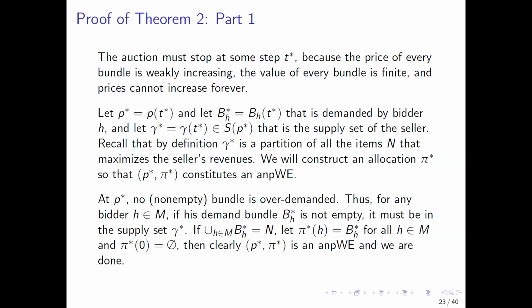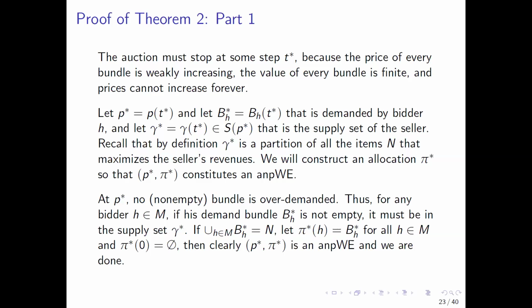Okay, so at the last round, at this price P star, no bidder is over demand because the auction has already stopped. So of course, for any bidder, if his demand bundle is not empty, it must be in the supply set.